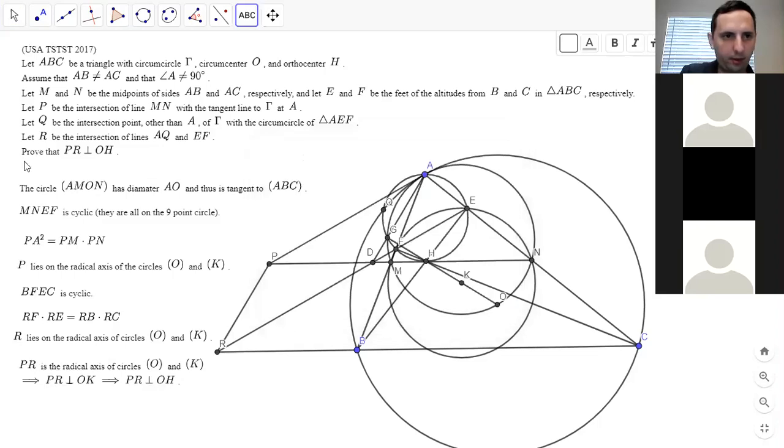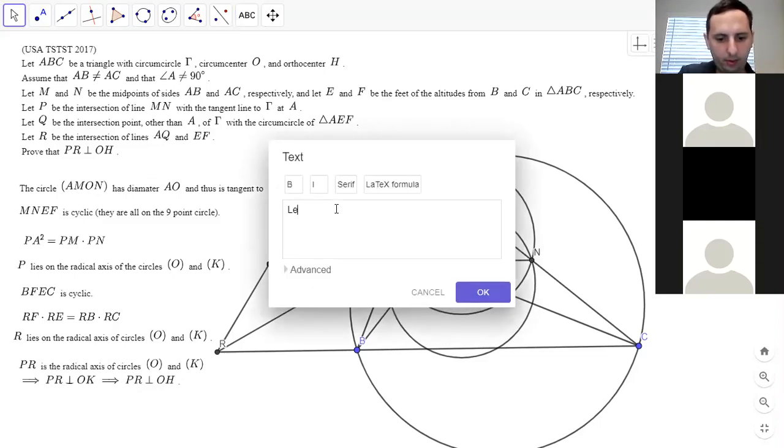So I'll say, let K be the 9-point center of the circle ABC. So K is the midpoint of OH.